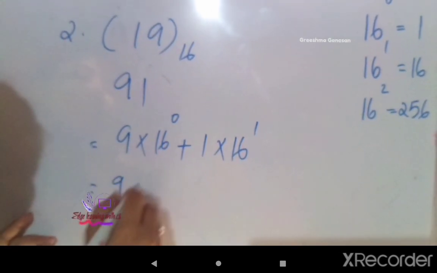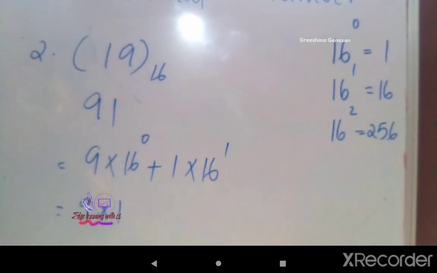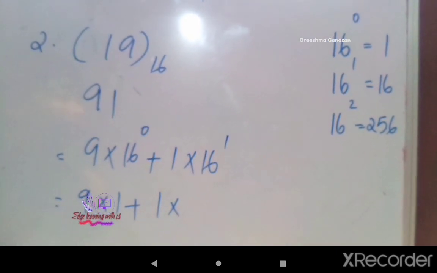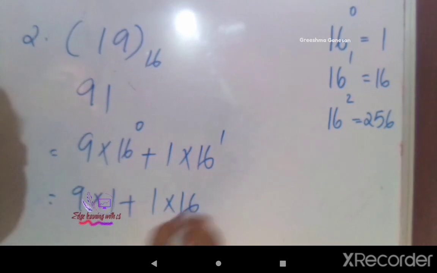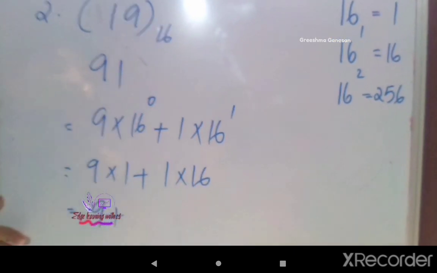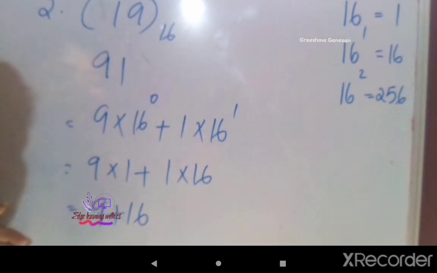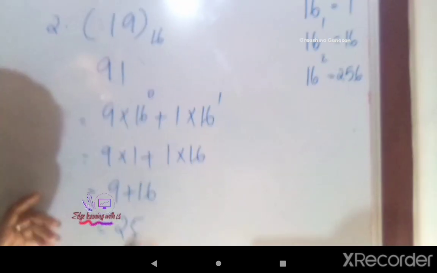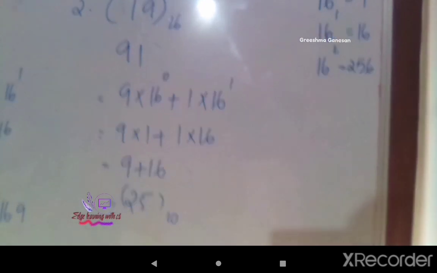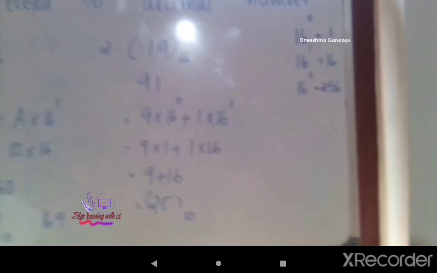What will be the value? 9 into 16 raised to 0 is 9 times 1, plus 1 into 16 raised to 1, which is 16. So 1 into 9 is 9, plus 1 into 16 is 16. Then what will be the answer? Yes, 25. 25 will be our answer in this case.